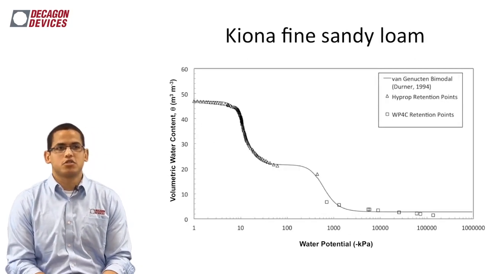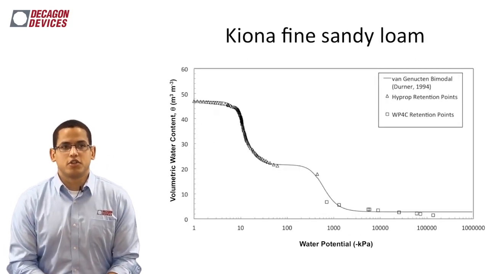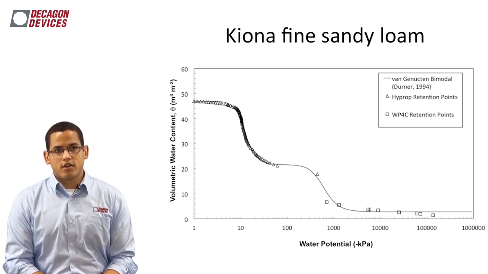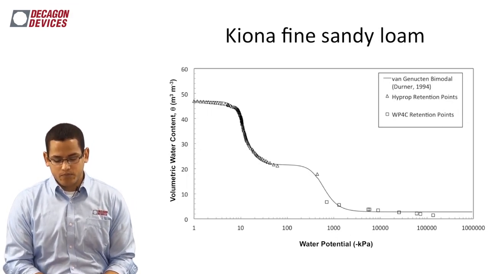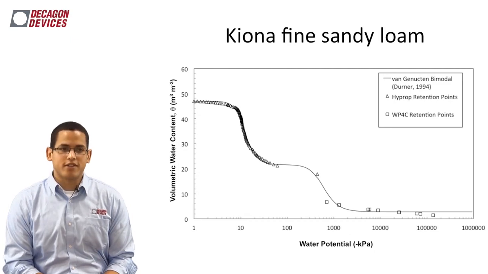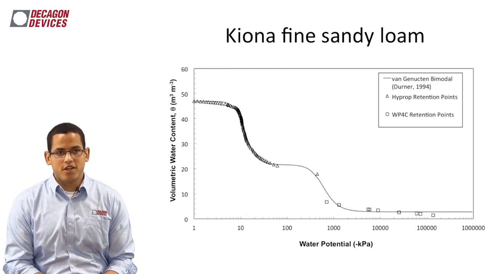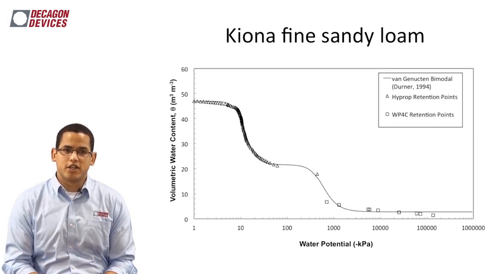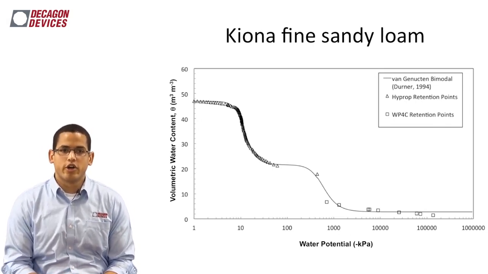So now our next soil sample is a Kiona fine sandy loam. And on this sample, we're going back to the issues with hysteresis. And so with the HYPROP, we're using a drying technique. And for this sample, when we were running it on the WP4C, we used a wetting technique where we're slowly adding water to the different samples.